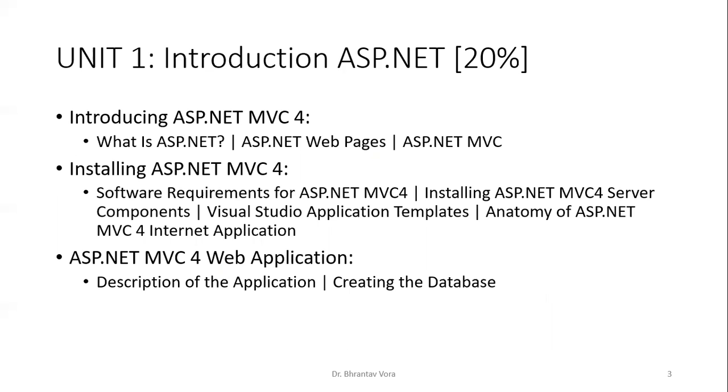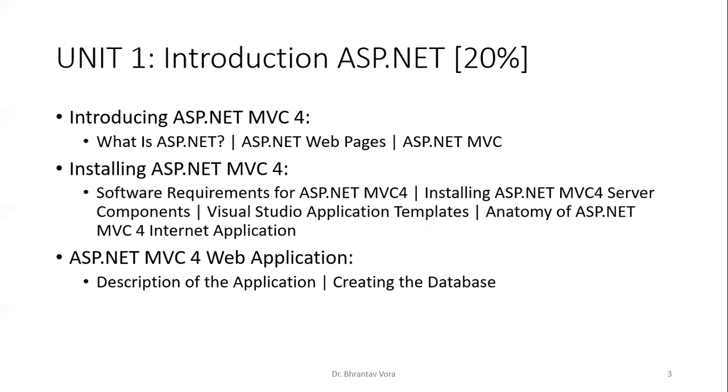Then installing ASP.NET MVC4. We will straight away skip this particular point because, friends, right now we are going to work with MVC5 and this syllabus is a little bit older. How to install ASP.NET MVC 2, 3, and 4, all these points and steps have changed drastically.